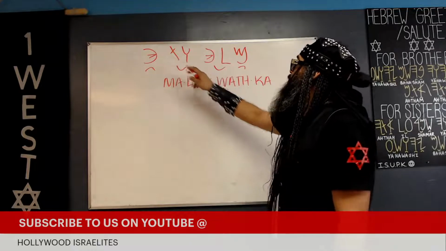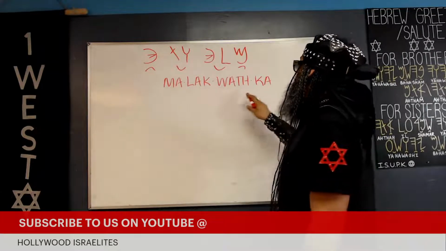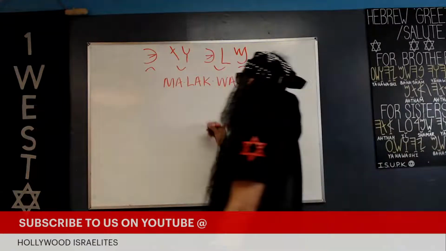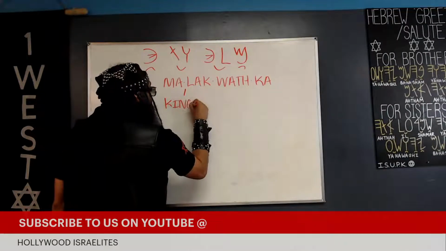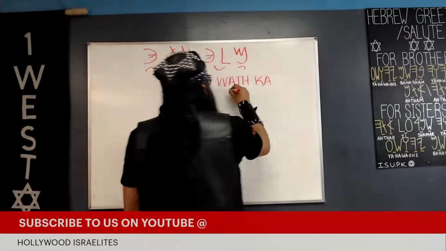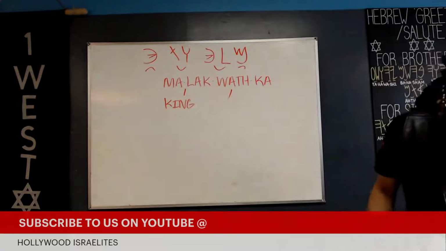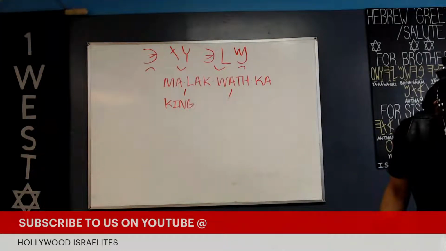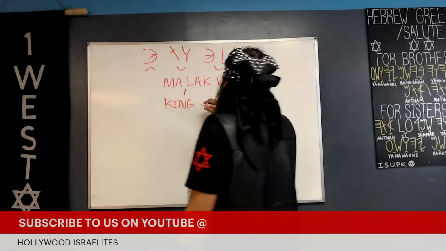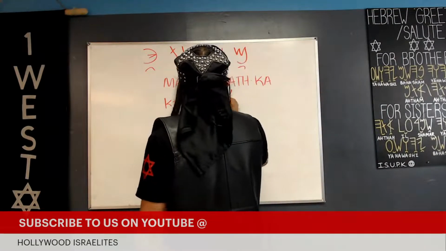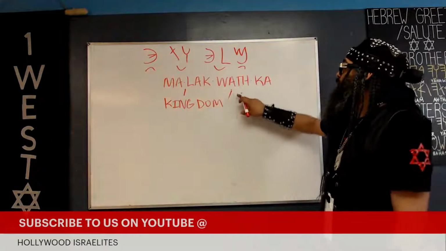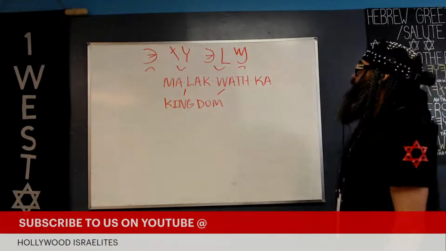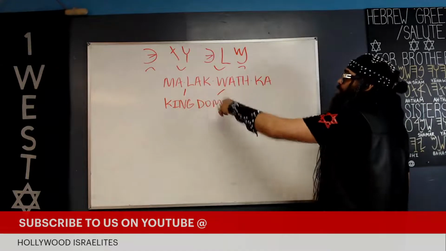Wat, the Wa and the Tha, Wat, Ka, Malakwatka. So we know that earlier we said that Malak means king, right? Wat, the Malak Wat means kingdom. Malak Wat, kingdom. Right? When the Malak and the Wat come together, it means kingdom.